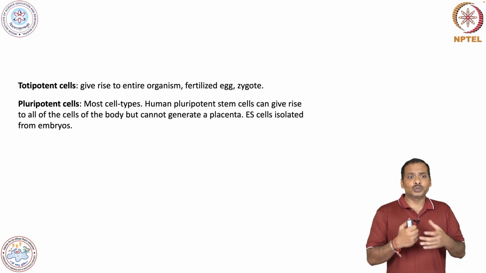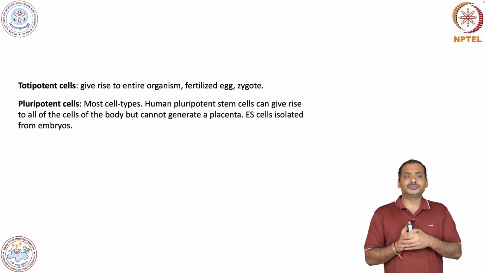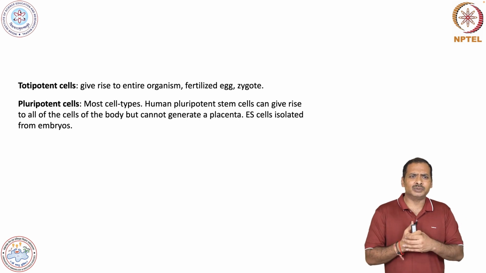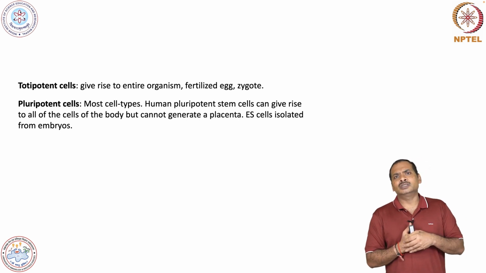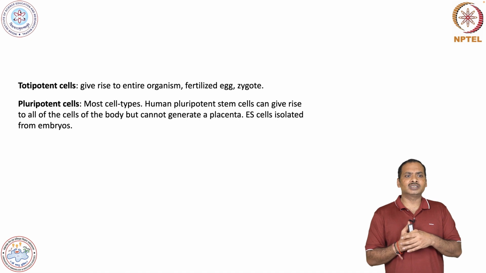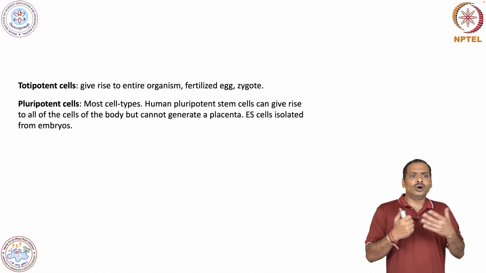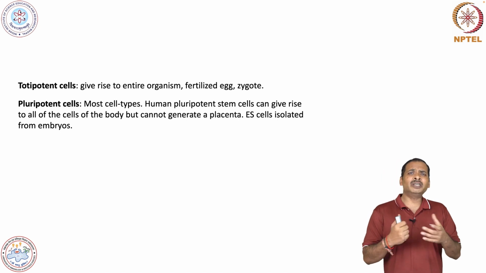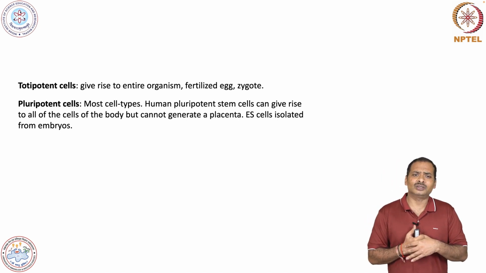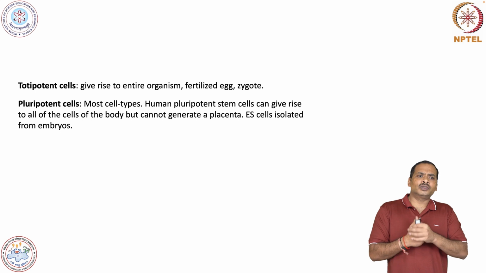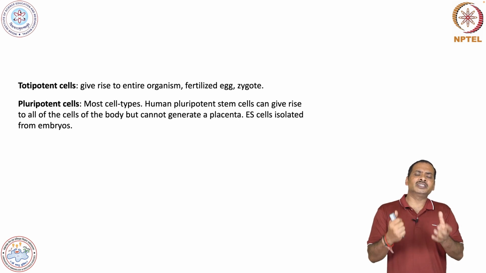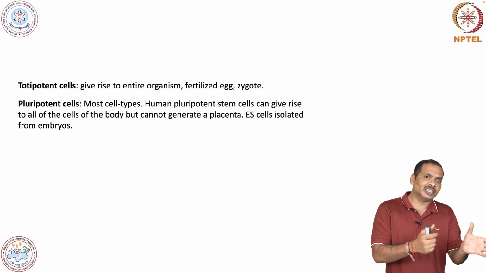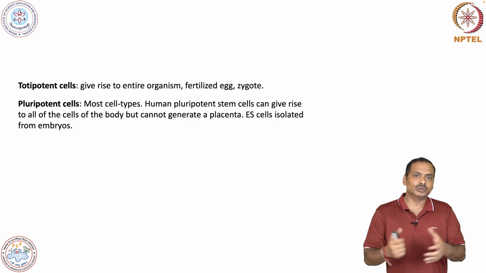Another is the pluripotent cell. So these are the most versatile cell type; human pluripotent stem cells can give rise to all kinds of body cells. Okay, but they cannot make a placenta. Okay. So from this pluripotent cell we can make various cell types like bone, liver, and all those things.